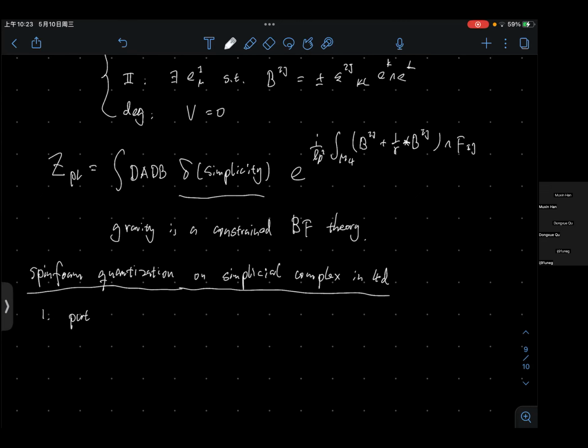Let's put this path integral in a single 4-simplex, and we expect the result to be the spinfoam vertex amplitude that I introduced schematically last time.